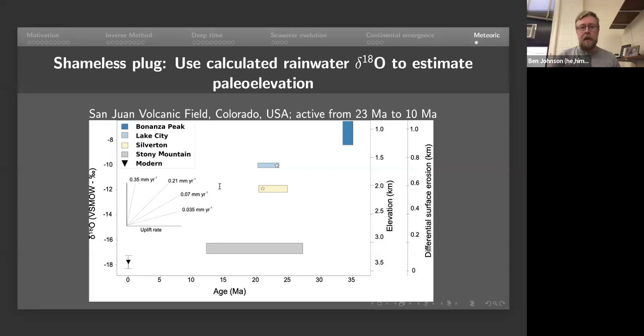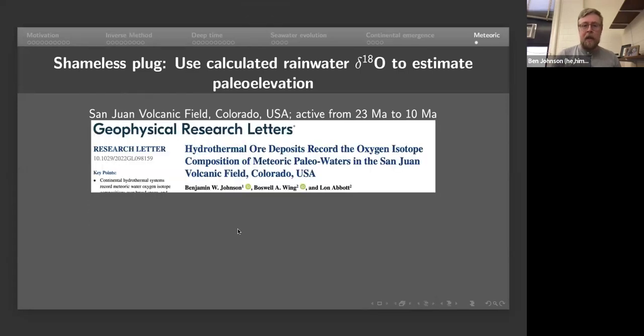What I'm showing here is just results from this paper we published last year, where we're recording a decrease over time in the delta-18 value of meteoric water at these different calderas, consistent with a rise in elevation. And again, this approach is kind of cool because we're averaging this over the lifetime of the hydrothermal cell. So we're getting multi-million year averages of the delta-18 value of alteration fluid, either seawater, which I talked about mostly, or meteoric water, which I'm totally shamelessly mentioning here, that we had a paper come out last year.